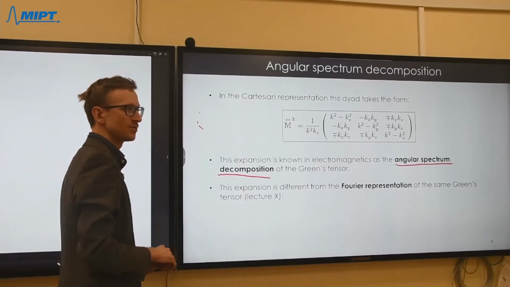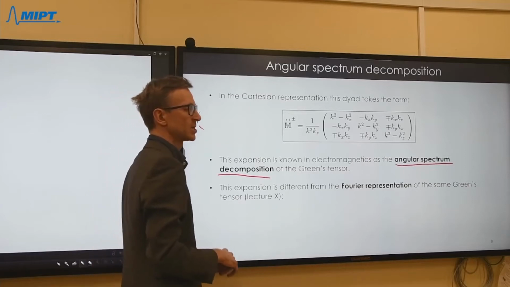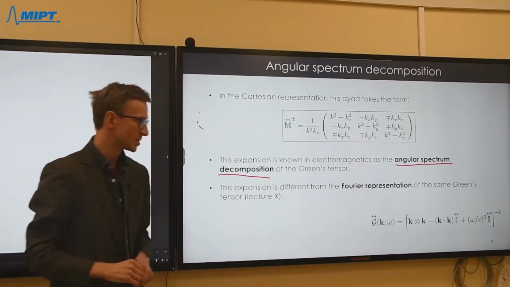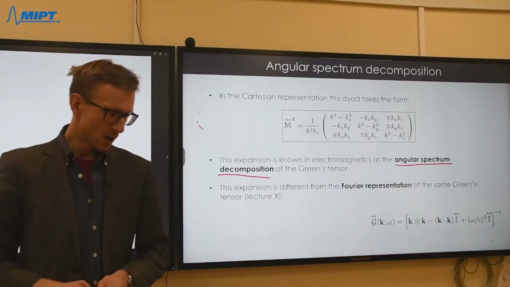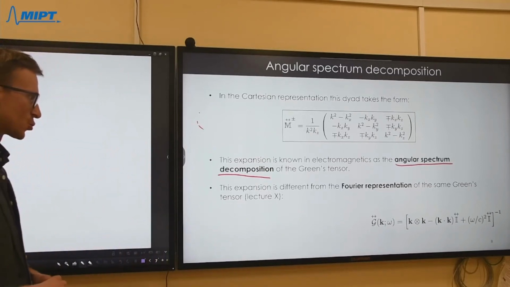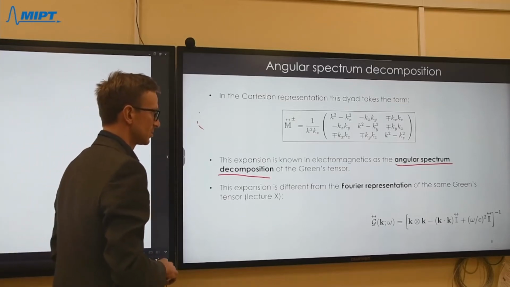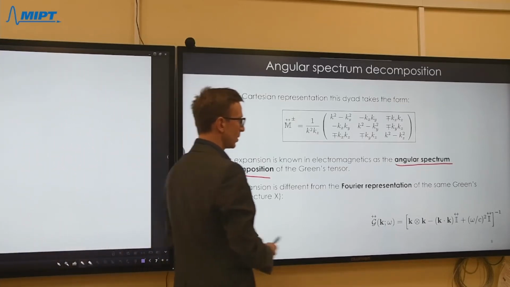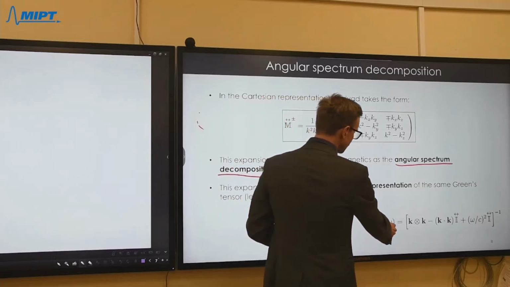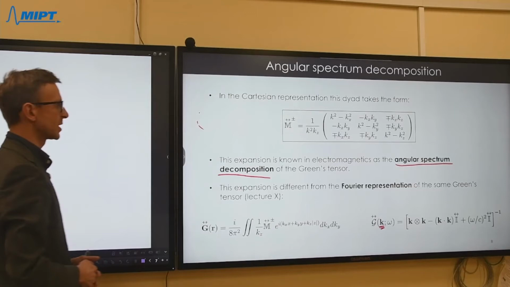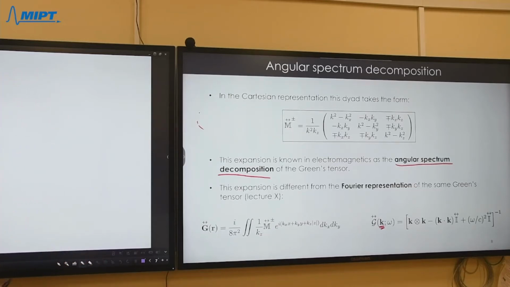We obtained the Fourier representation last time, one week ago, and it looks like this in free space. This is the true Fourier image of the original free space Green's tensor, expressed for every frequency in the K space. And this is the angular spectrum representation. So probably you can see the difference.